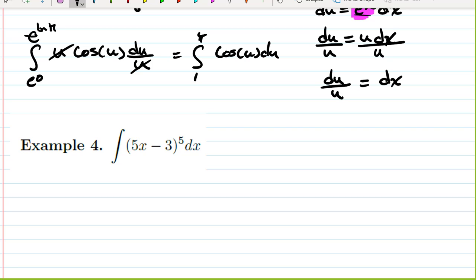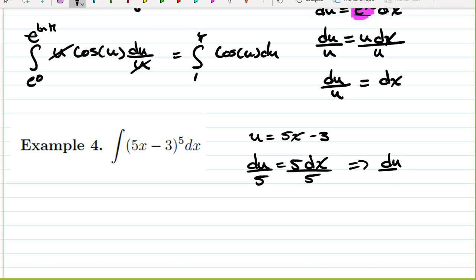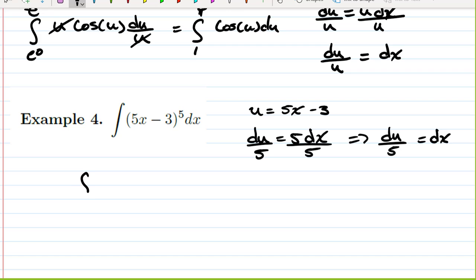Well, we have a fifth power function, so we have a 5x minus 3 on the inside. So we're going to pick that as our u. Then our du is going to be 5 dx. Divide by 5, and that gives us that du divided by 5 is equal to dx. So we substitute into our integral, and we get u to the fifth power times du over 5.